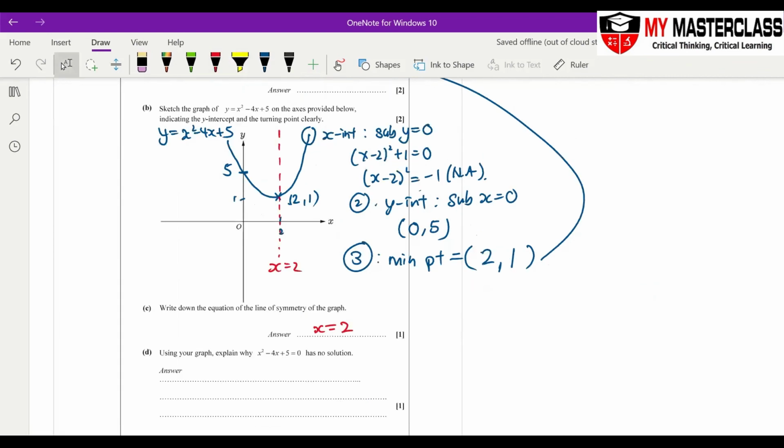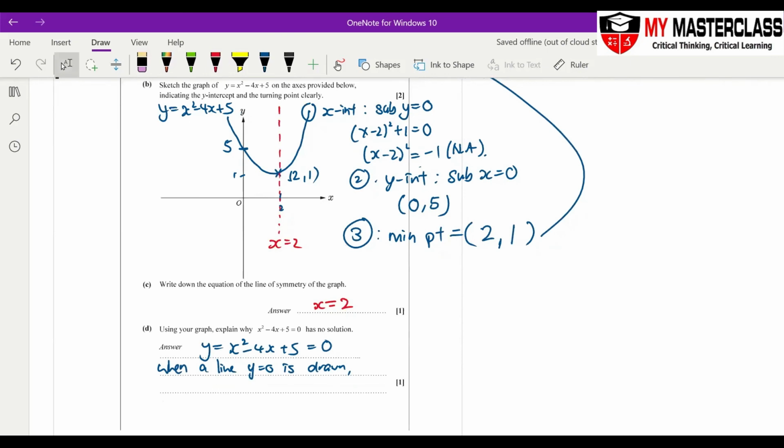Okay, how to explain that there is no solution? You are drawing y equals x squared minus 4x plus 5. If this equals 0, it means a line y equals 0 is drawn. y equals 0 is what kind of line?